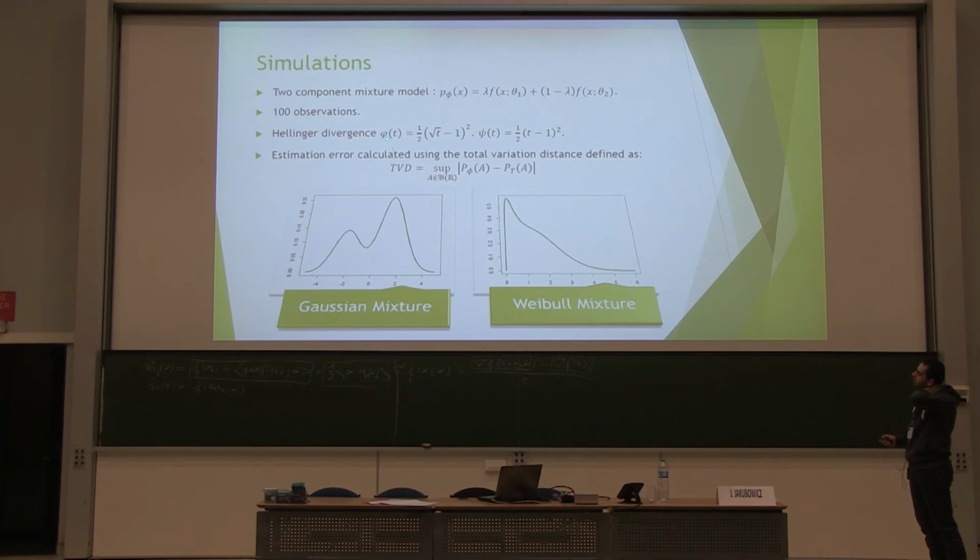For the phi divergence, I've chosen the Hellinger one. And for the distance-like function, I've chosen the psi that corresponds to the chi-square. As the error criterion, I calculate the total variation distance, which represents the maximum error when we calculate the probability of a Borel set.